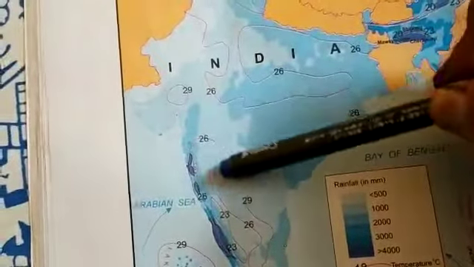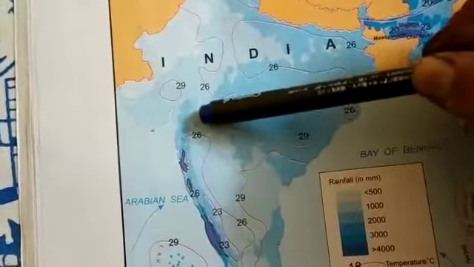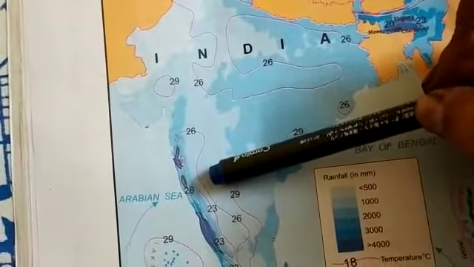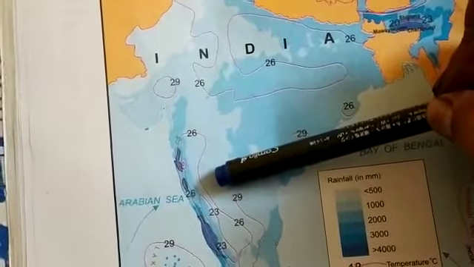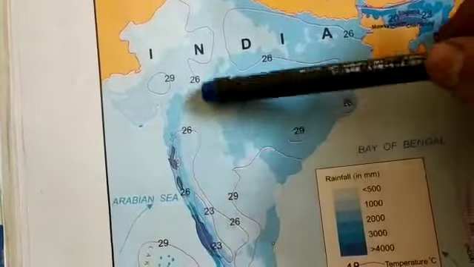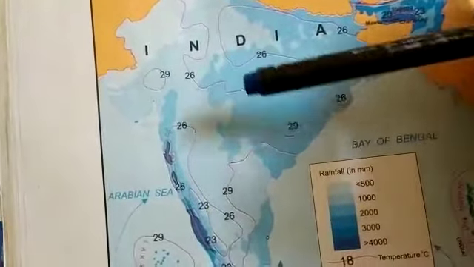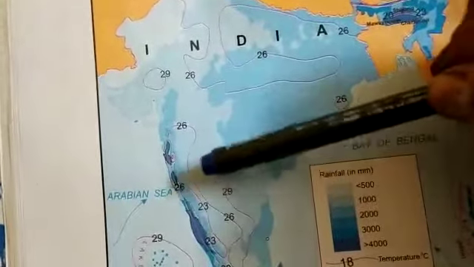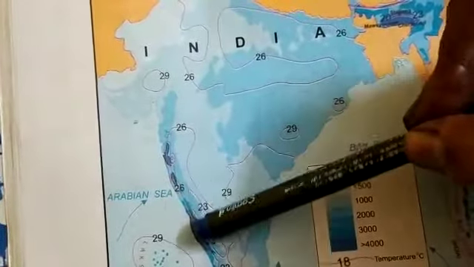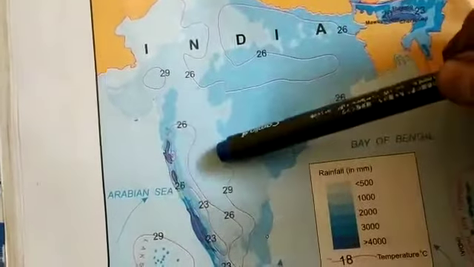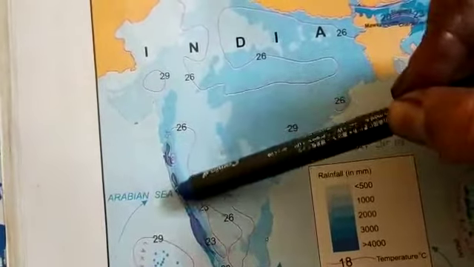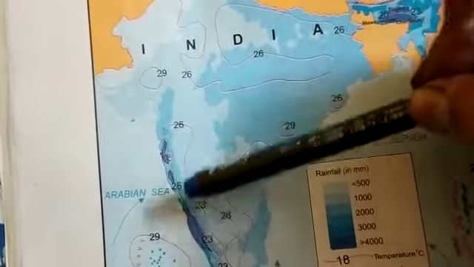As I said, this is the leeward region, the rain shadow region. Leeward region means the rain shadow region. So it is the central part of Maharashtra, then the eastern part of Karnataka, which is below Maharashtra, because the western part has already received a lot of rain.